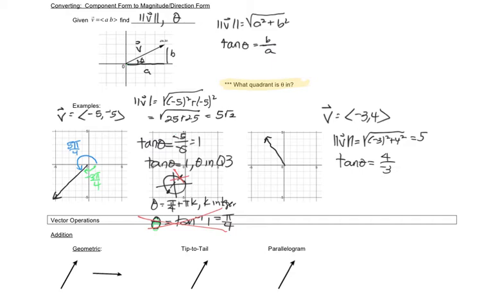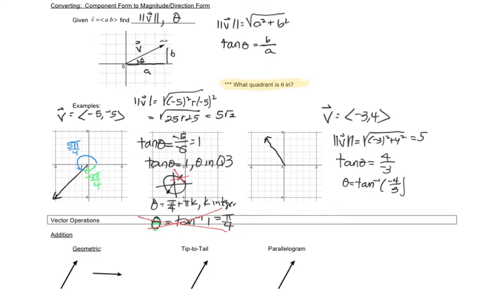Now, when we get to a situation like this where it's not an angle we know, whereas the previous one we should know exactly, usually students are pretty good about getting the right answer there. But in this one, we don't know this exactly, and so we pull out our calculator. And when we pull out our calculator, we tend to go, okay, theta equals the inverse tangent of negative 4/3.